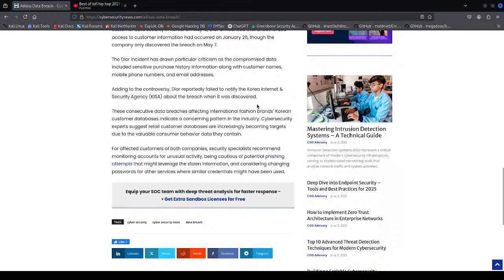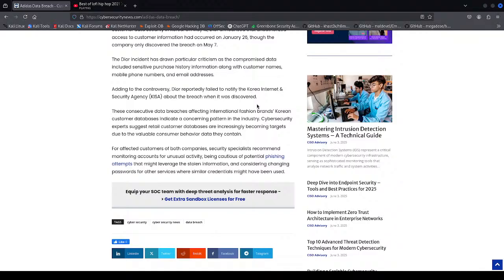as the compromised data includes sensitive purchase history information along with customer names, mobile phone numbers, and email addresses. Adding to the controversy, Dior reportedly failed to notify the Korean Internet and Security Agency about the breach when it was discovered. These consecutive data breaches affecting international fashion brands' Korean customer databases indicate a concerning pattern in the industry.